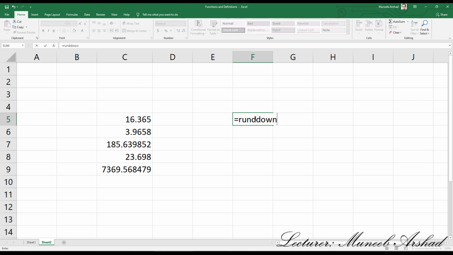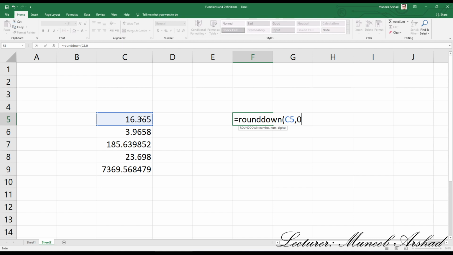So you type in ROUNDDOWN in complete form, you open up the bracket, you specify the number, and then you have to specify the number of digits. It can be a whole number, some decimal places, or the nearest 10, 100, or 1000. So let's say we are to round this figure down to a whole number. So you just put in 0 for 0 decimal places because that will give you a whole number.